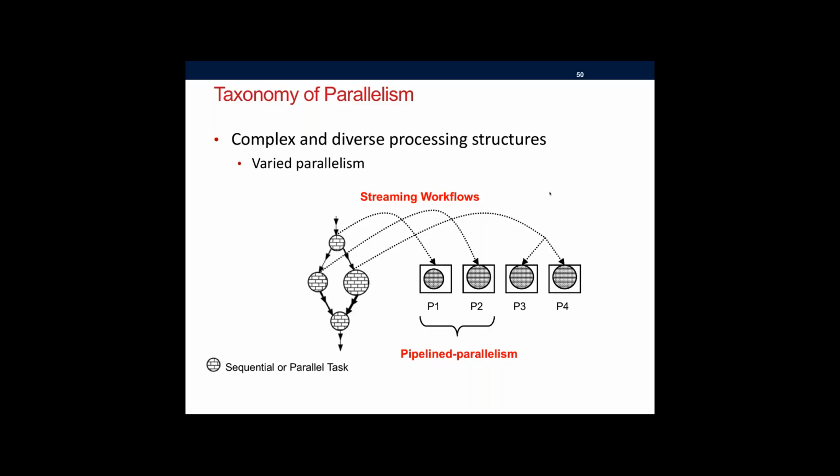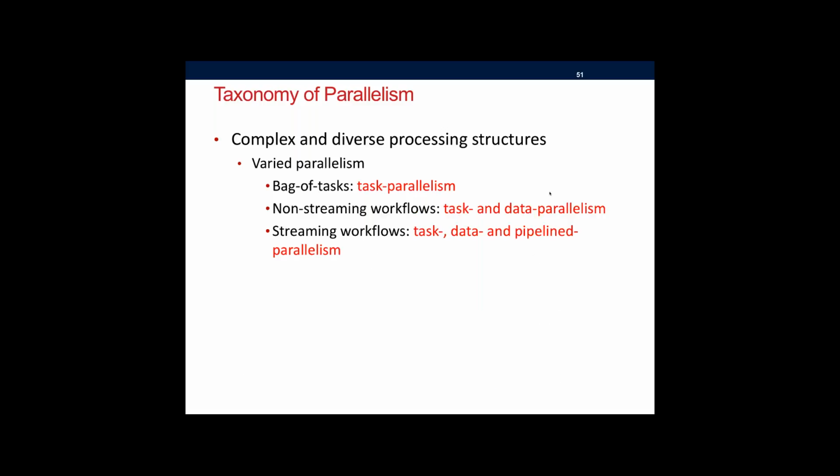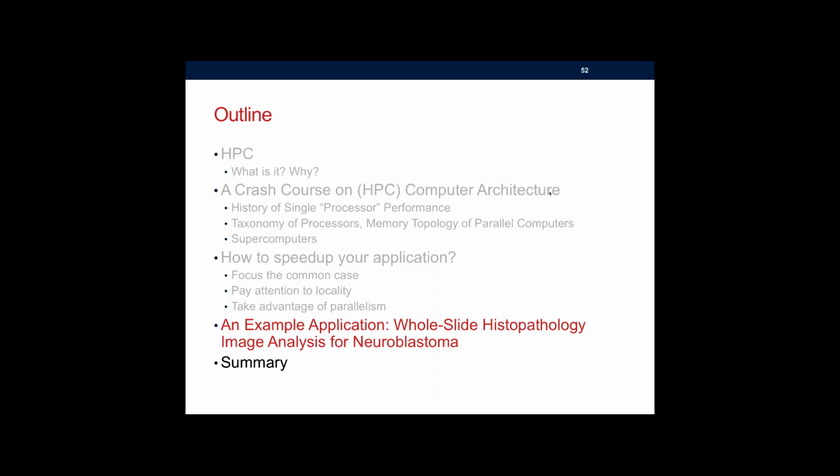So you can basically pipeline the execution. That way you can really reduce the execution time. Lastly, you can still use data parallelism, you can still use task parallelism. So the important thing for you to look at is your application and figure out which of these types of parallelism is available for your application.